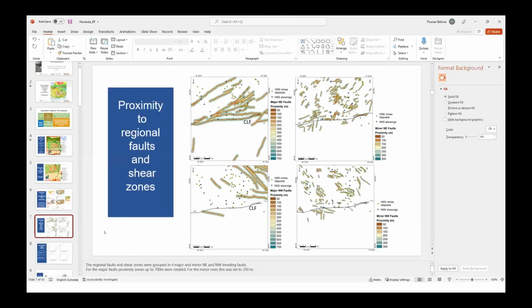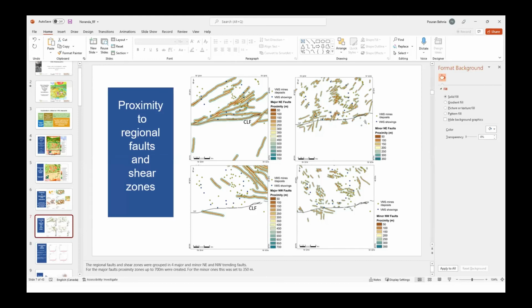I just want to show again the map. You can see that most of the VMS mines and deposits show some association with the northeast, but with the northwest there is not much association. Especially in the minor ones, we see higher association of the VMS deposits with this group.